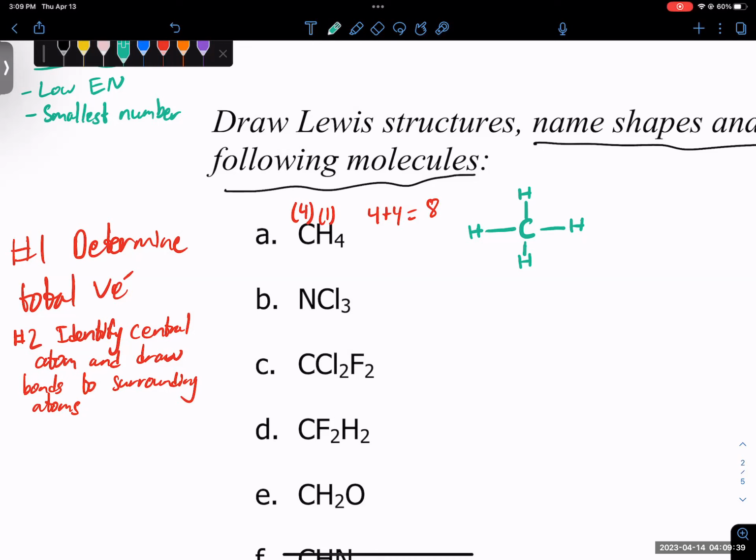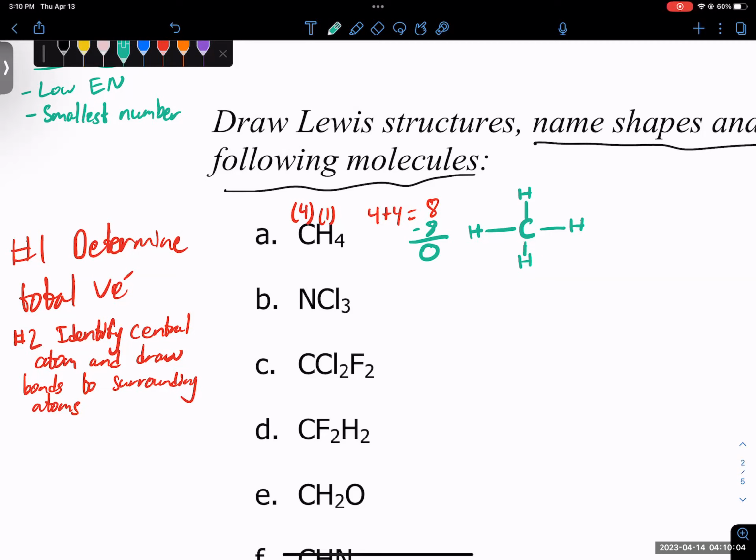And if you remember, 8 is the total amount of valence electrons we have. So you subtract 8 and you get 0 valence electrons left over. Congratulations, you all just drew your first Lewis structure ever. Probably not ever for some of you. For others, y'all are pros in the Lewis structure game. But here's how you draw out a Lewis structure.